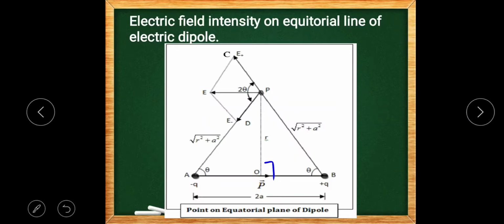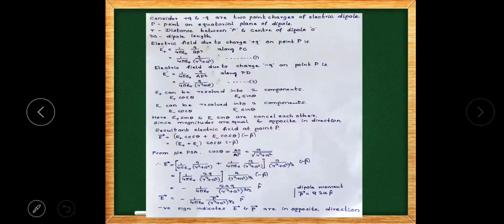So BP square equal to OB square plus OP square, that is a square plus r square, or r square plus a square. Okay, I will mention it here.